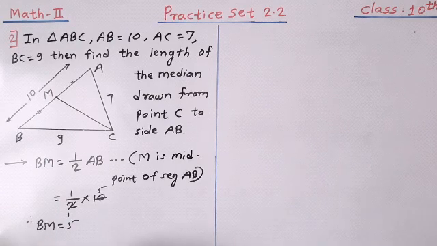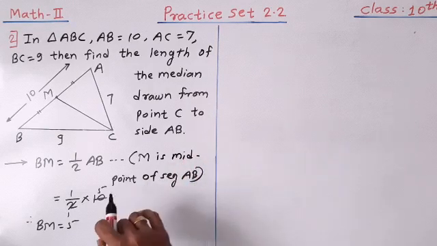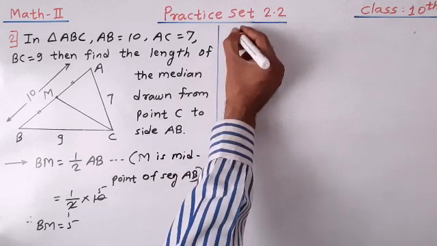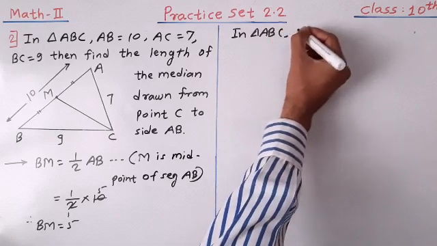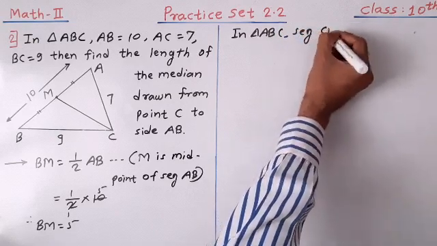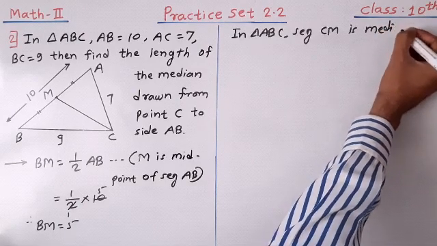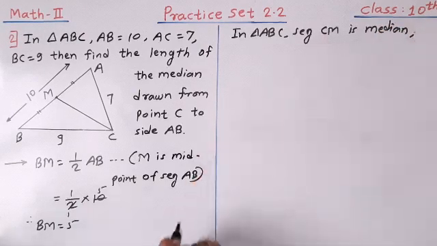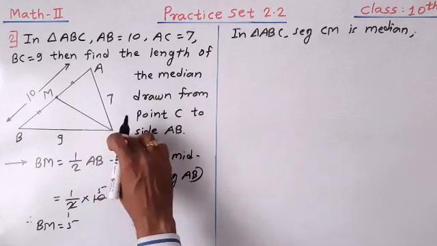Now we can apply the Apollonius theorem. First of all, let us write the baseline for Apollonius theorem. In triangle ABC, seg CM is median. This is the baseline for applying Apollonius theorem. Let us apply. You have to start from here.